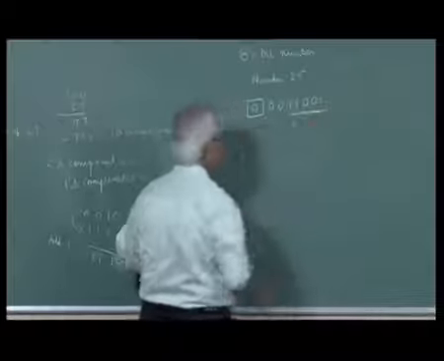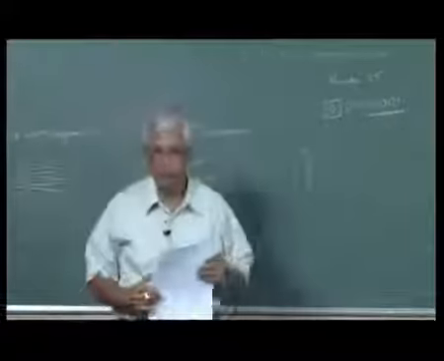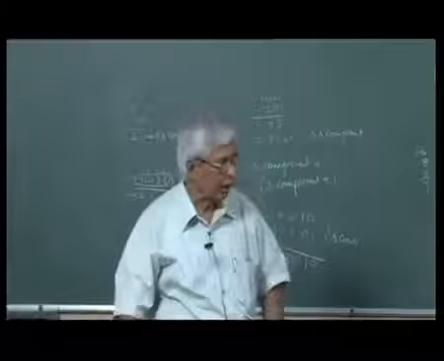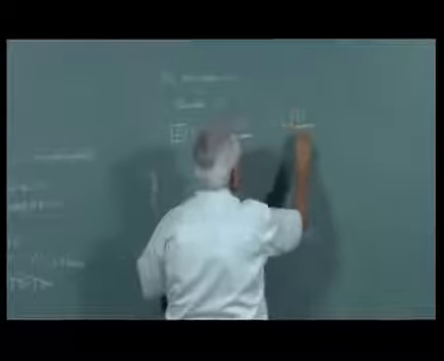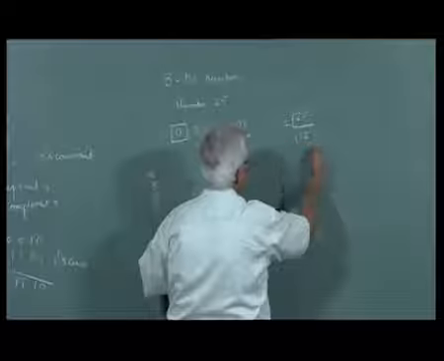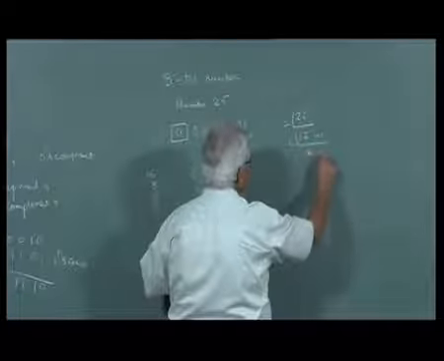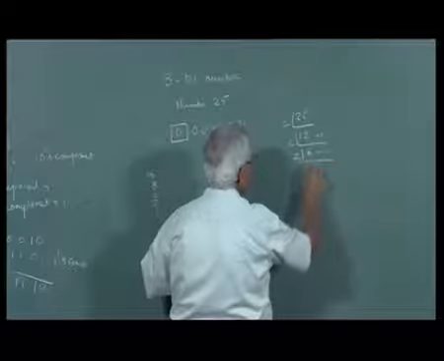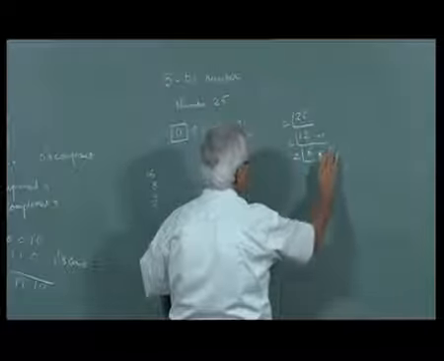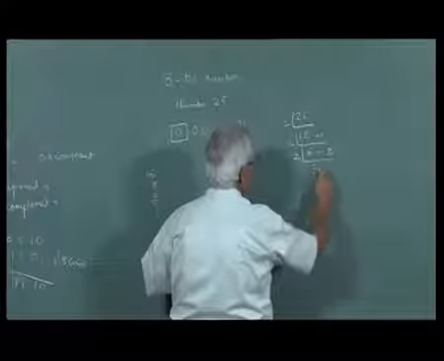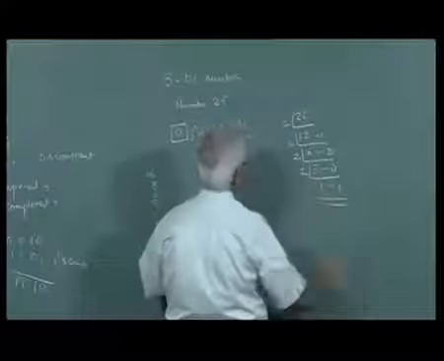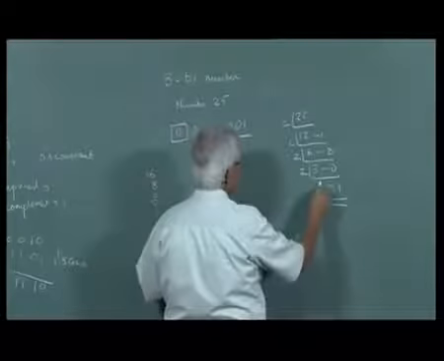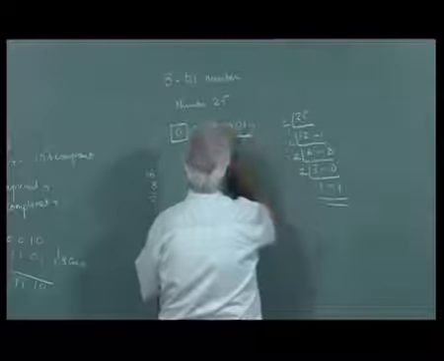This is 25. When somebody asks you to convert 25 into binary, you will start dividing by 2: 25 by 2, 12, 6, 3, 1, and you write 1, 1, 0, 0, 1.